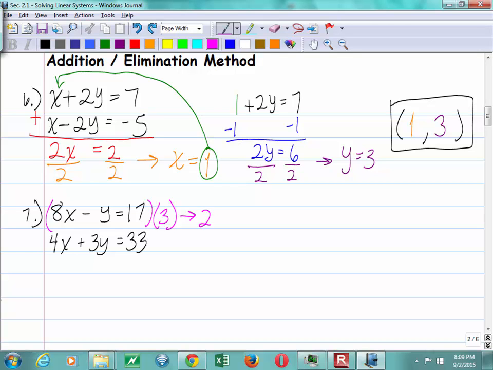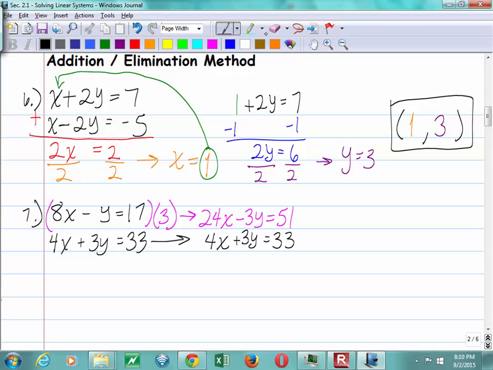So that would give me 24x minus 3y equals 51. And then I'm just going to bring the second equation over and rewrite it so that everything's all nice and lined up. That's 4x plus 3y equals 33.